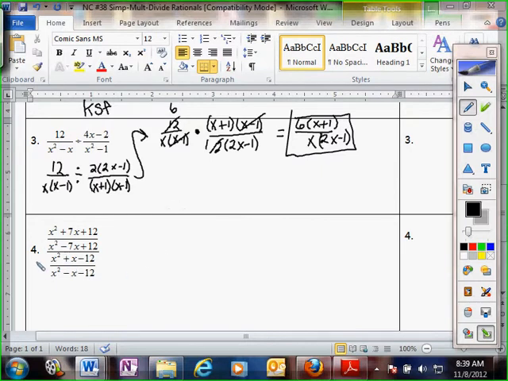Okay, and number 4 is for pre-AP only. So I'm going to see what factors here on the first top. What I might want to do to make this a little bit easier to see is rewrite it. I have x squared plus 7x plus 12 over x squared minus 7x plus 12.